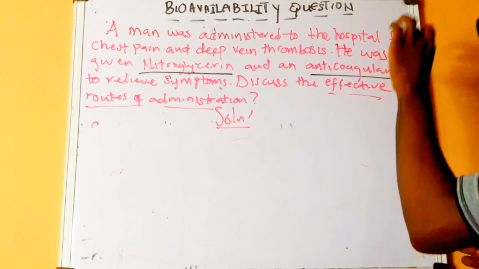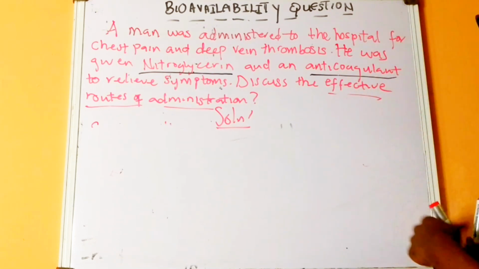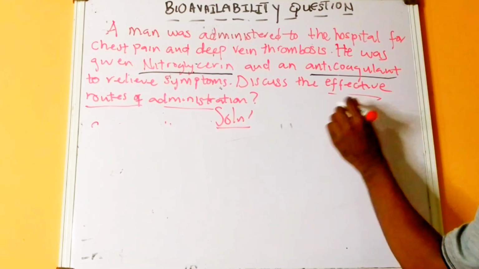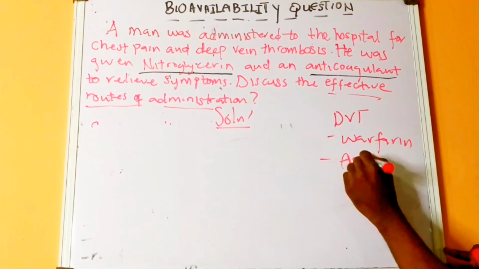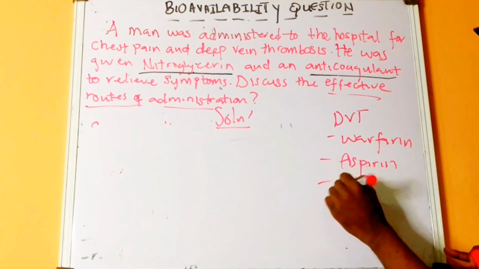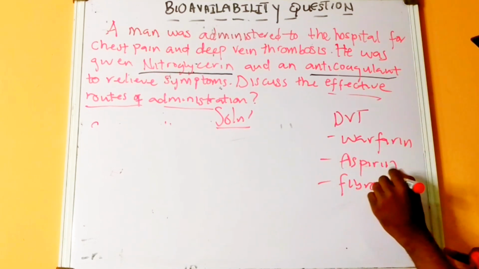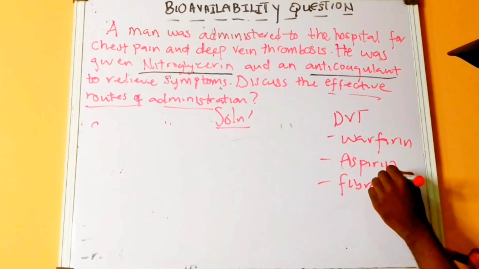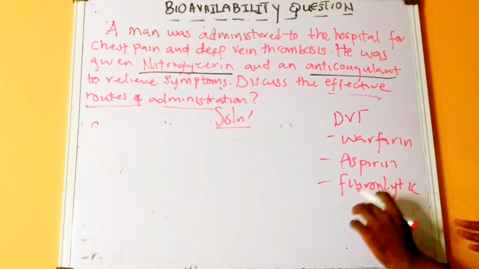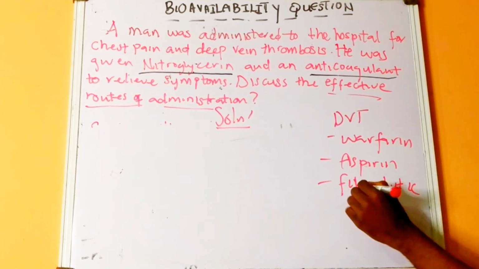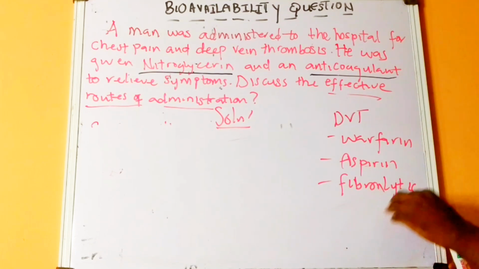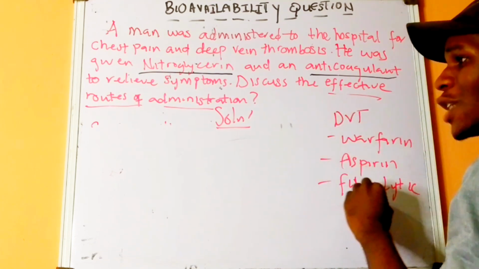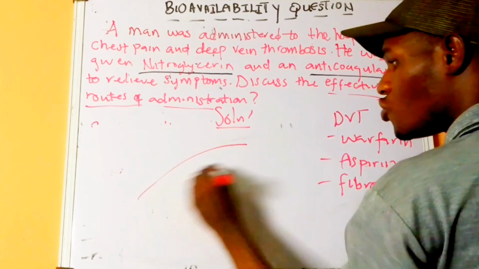This question is not really specified for a particular kind of disease, but for DVT, we can use warfarin, and we can use aspirin as an antiplatelet agent. We can also use fibrinolytics to dissolve or break down fibrin clots. Now, when you give this drug orally, of course, you don't want that, because you want these particular drugs to act on the bloodstream.